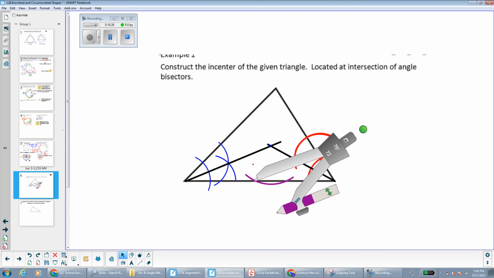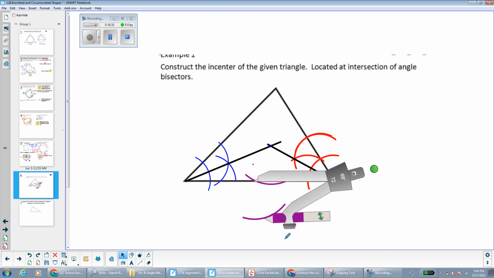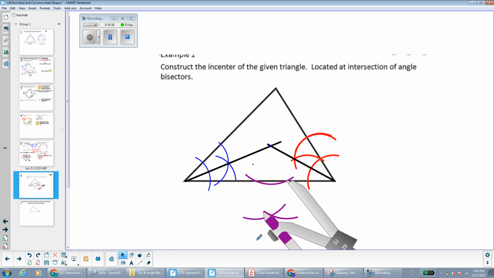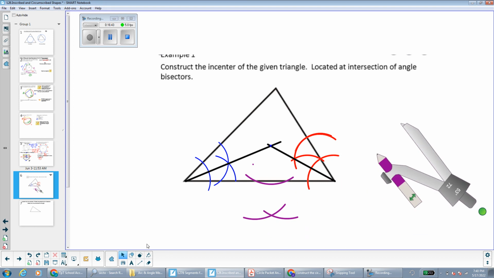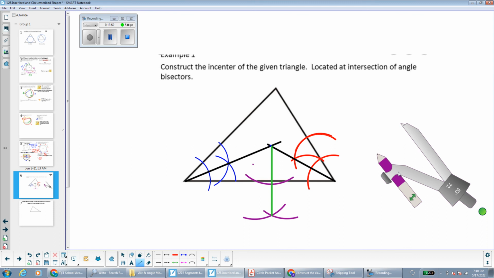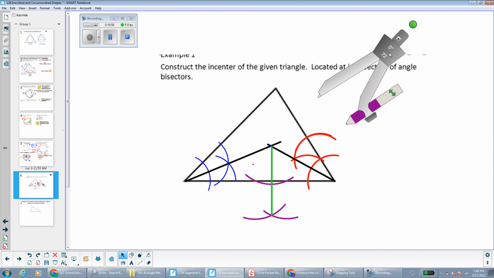Let me do this as best as I can, as quickly. And on the computer, it does come out a bit messy, so I do apologize for that as well. Let me use a different color line. There we go. So now I should be able to inscribe my circle.